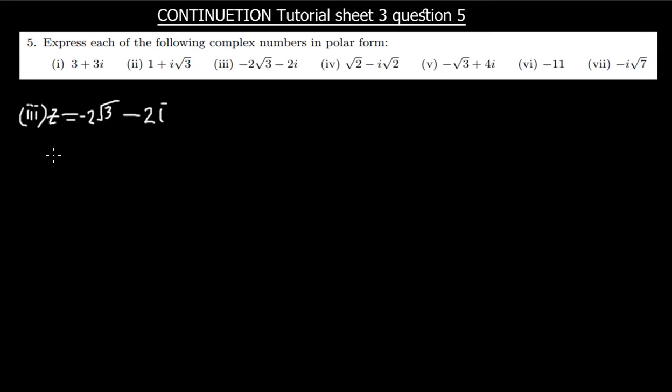The question wants us to convert these into polar form, so you first find r. r is the square root of x squared, where my x in this case is negative 2 root 3, plus the square of negative 2.